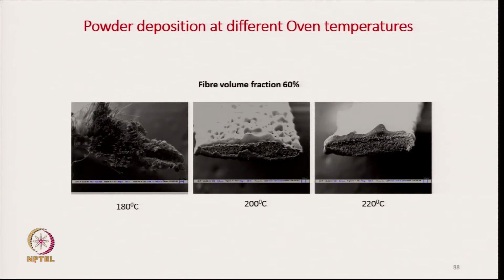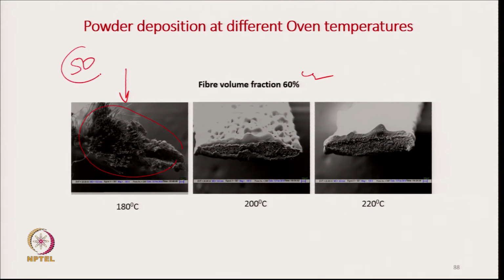So, we can see here the improper powder deposition is there, it is peeled off at 60% volume fraction. So, fiber volume is more, it is severe, and at 180 degrees Celsius the effect is much more severe than at 50%.